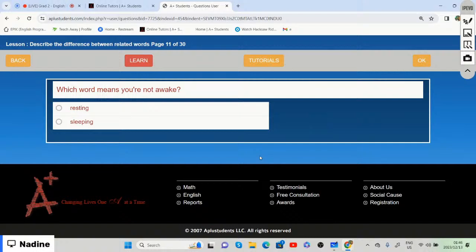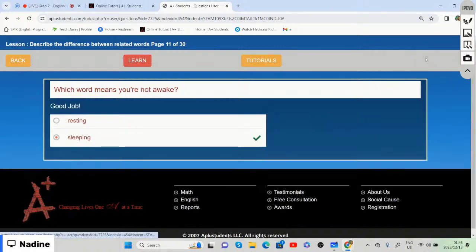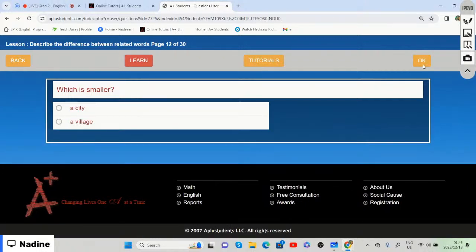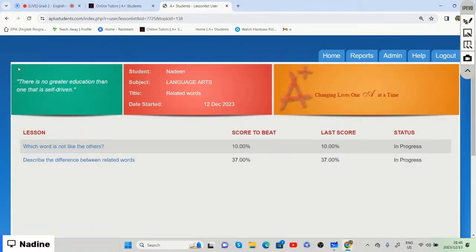Which word means you are not awake? If you are not awake, then it means that you are sleeping. And sleeping is correct. And these are words that are related to one another, whether we are grouping them in the form of family, colors, days of the week.